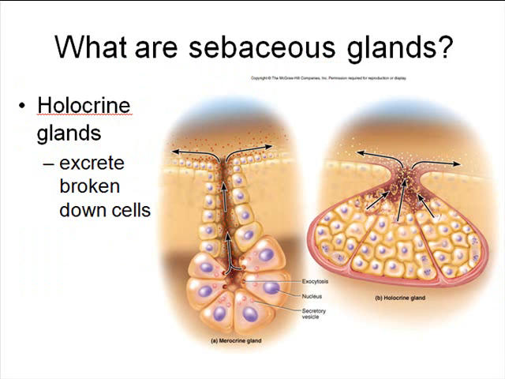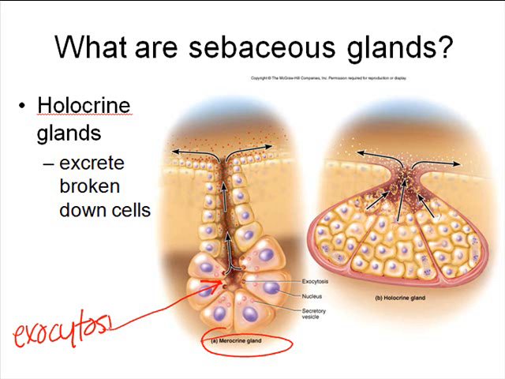What about sebaceous glands? This is a different category from sweat glands. Sebaceous glands are the type of glands we have to thank for the production of things like pimples. Now, sweat glands and all the different types of sweat glands are a type of what we call merocrine gland, and they get plasma filtrate onto the surface by the process of exocytosis.